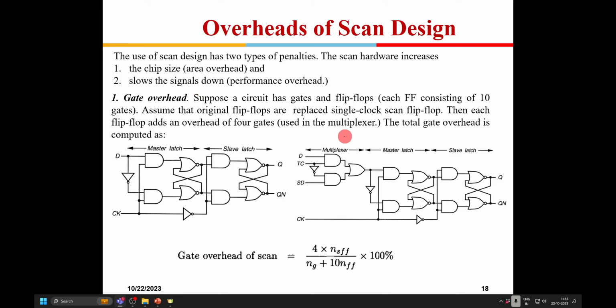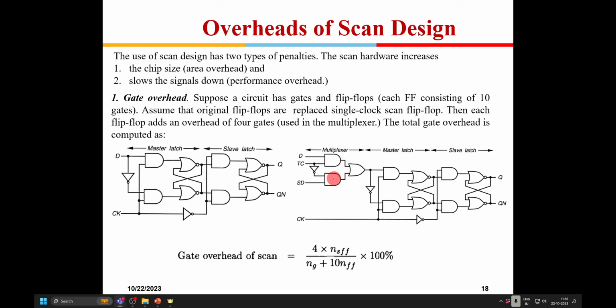While we saw the advantages of having a scan design, there are certain drawbacks also. So let's discuss the penalty of having a scan design. The first is the gate overhead. If this is the normal flip-flop, this is a scan flip-flop. So 1, 2, 3, 4 additional gates have come here.